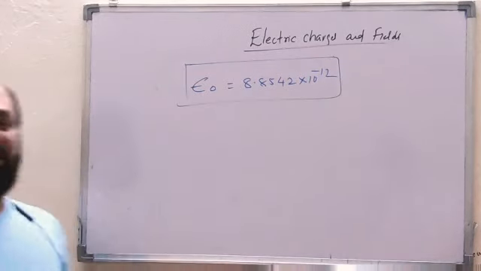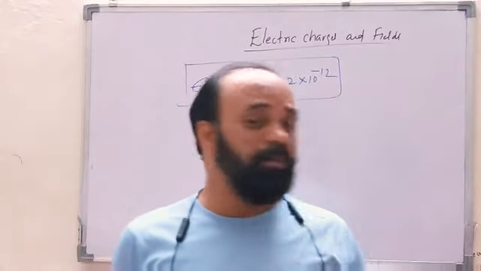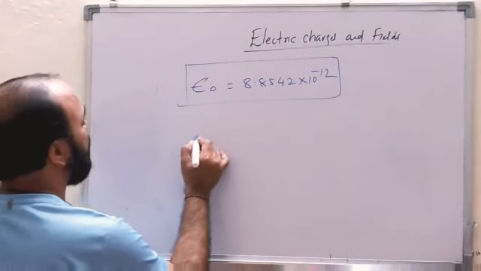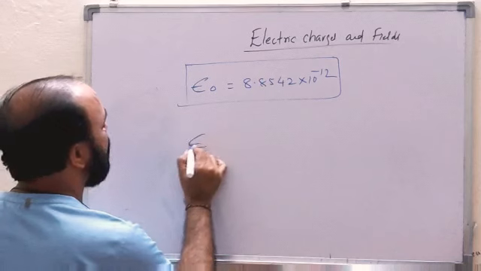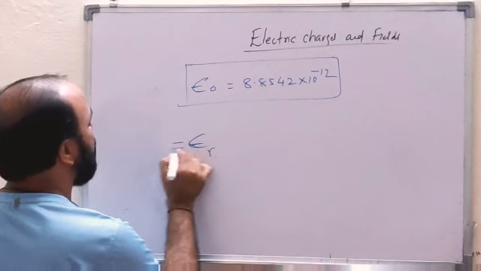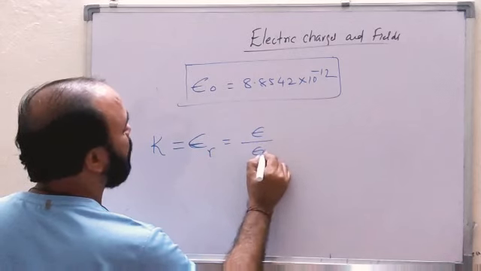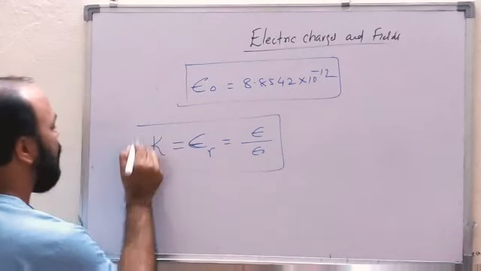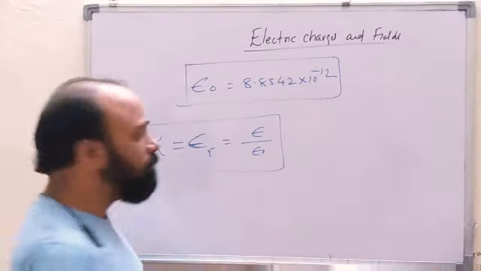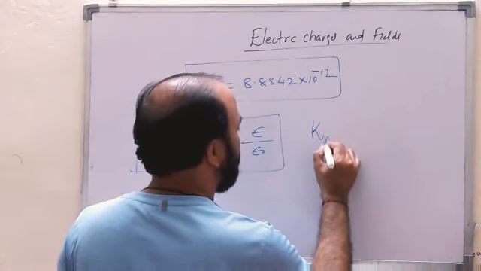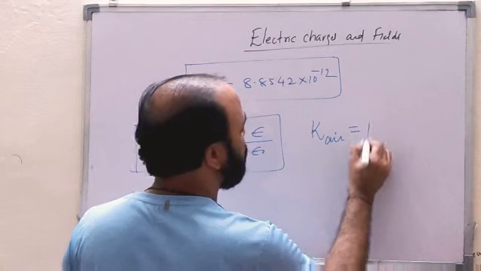Here we have the dielectric constant or relative permittivity, epsilon r, or we can call it dielectric constant K, equal to epsilon by epsilon naught. This dielectric constant value for air is equal to 1.